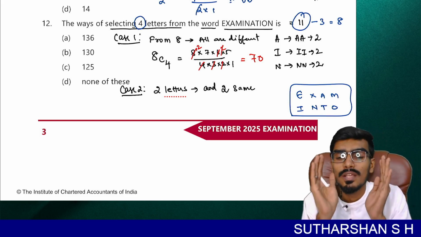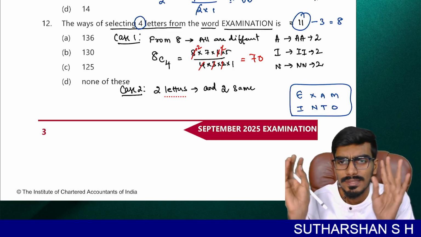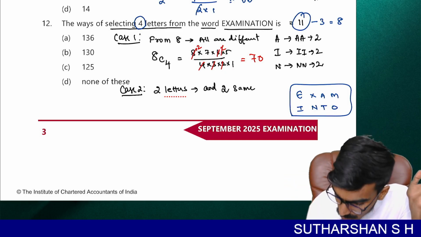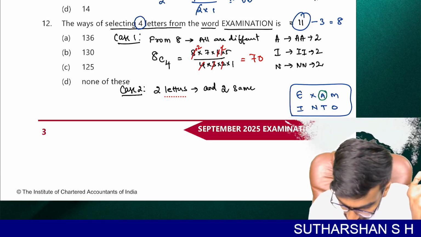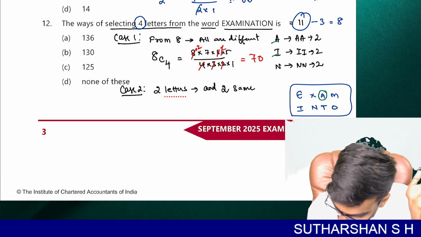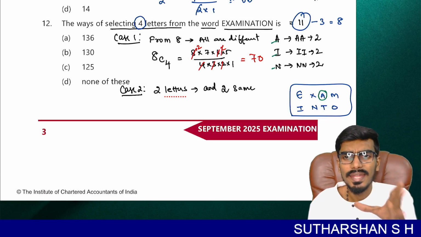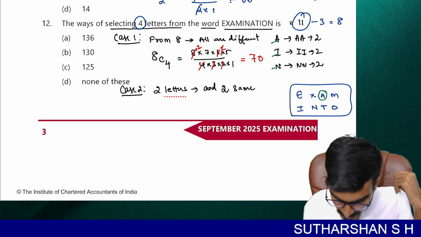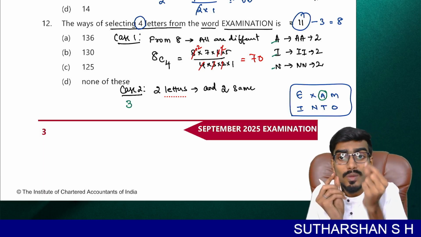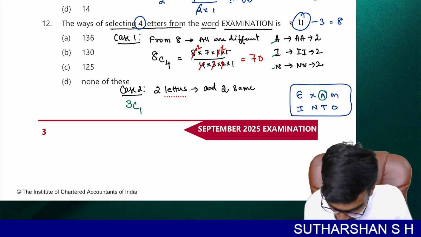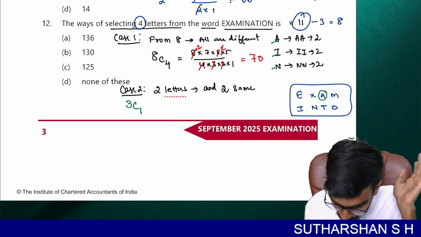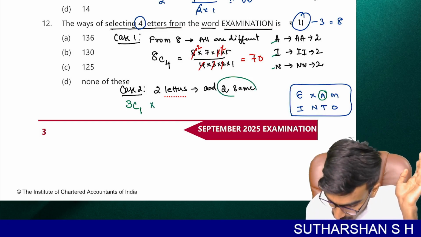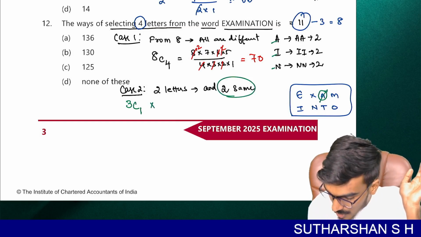Listen guys, if you are selecting 2 same letters, suppose from this I select A, that is a repetition thing. How many repetitions? A, I, N. From these 3, I need to select 1, because 3C1 gives me 2 letters, multiplied by, if A is gone, how many letters are there?